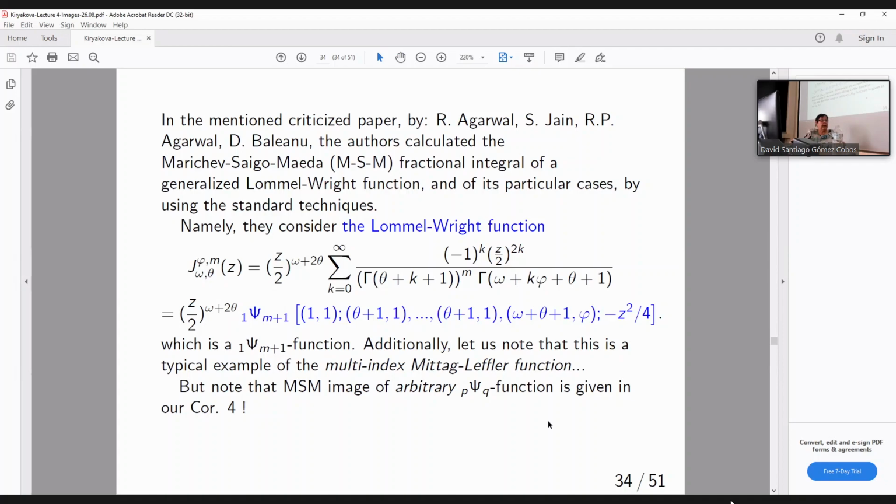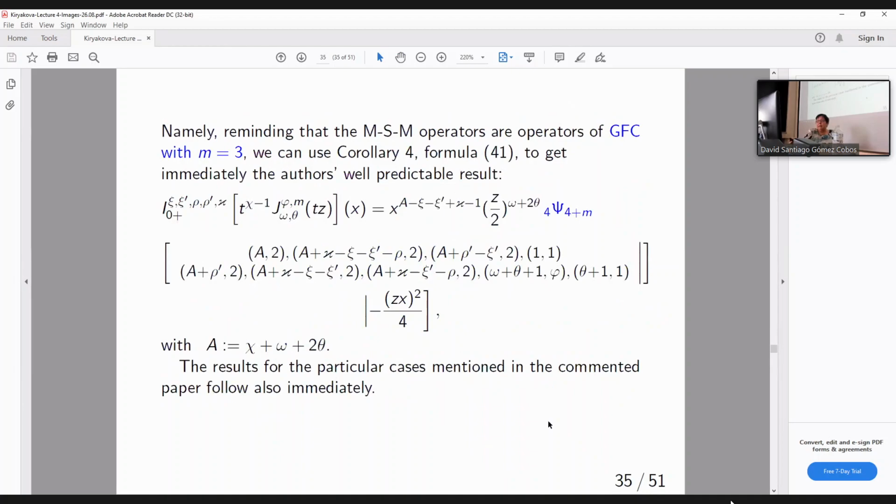And all Saigo, Marichev-Saigo operators, Riemann-Liouville operators will have no surprise, just we increase this p and q by 1, by 2, or by 3. And the result was correct, of course, in this paper, but written after very long evaluations. In advance, we knew that the result should be this kind of Wright generalized hypergeometric functions.